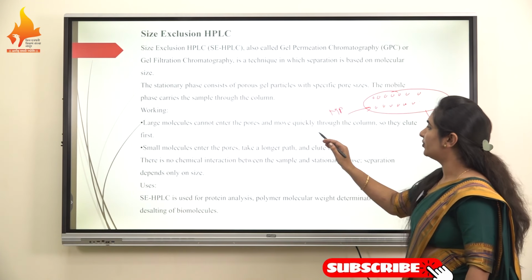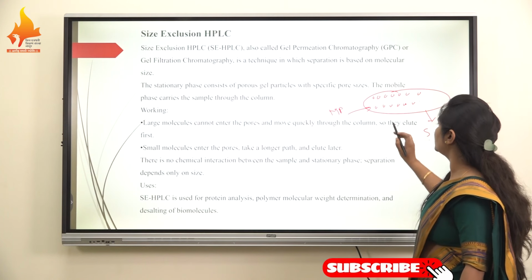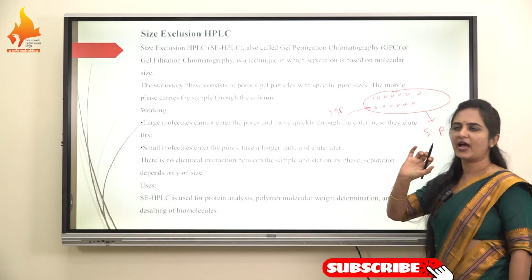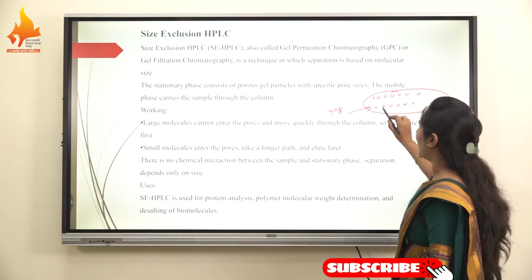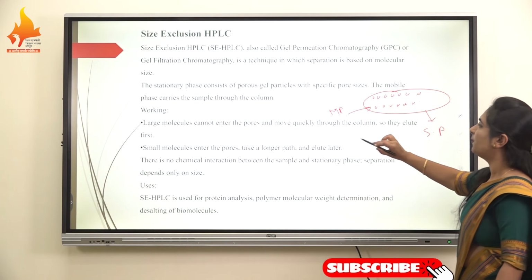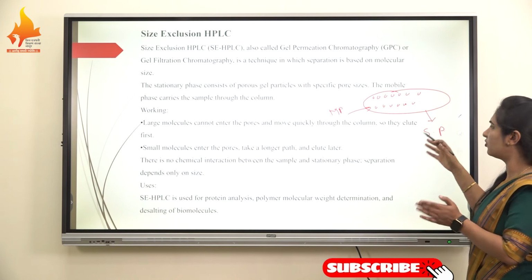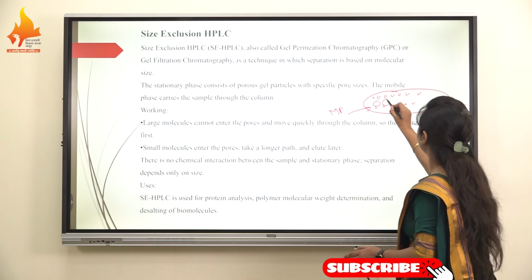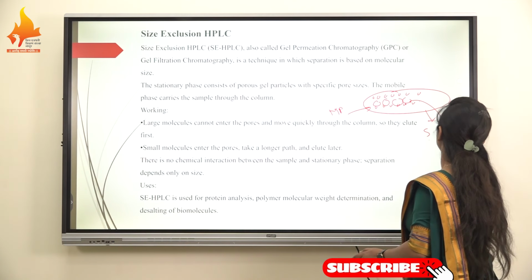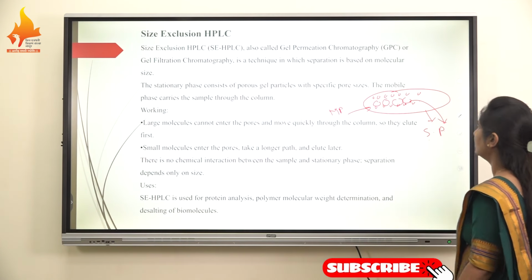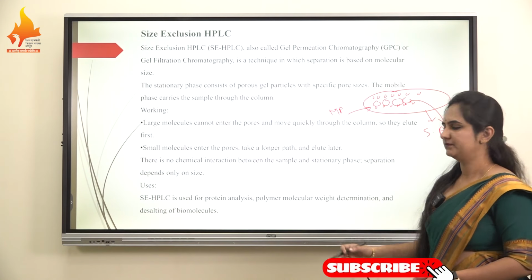The pores are very small, so large molecules cannot enter the pores and move quickly through the column. They elute first.